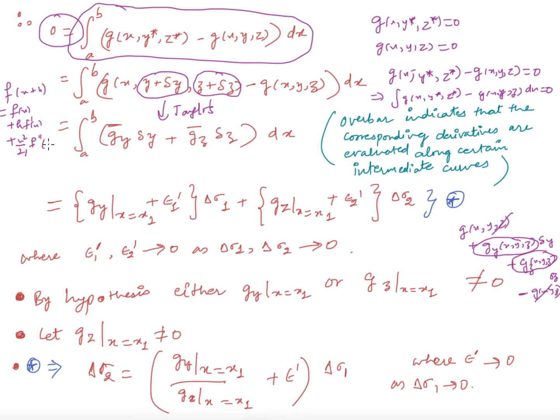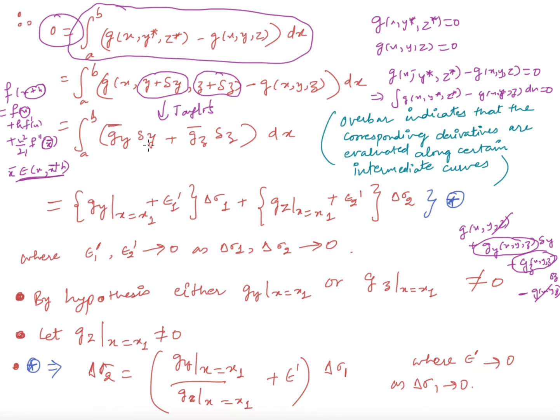Here, if you want to stop, you write x bar, where x bar is a point belonging to the open interval x to x plus h, right?